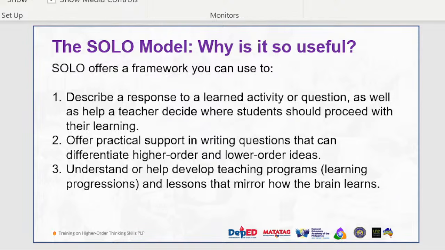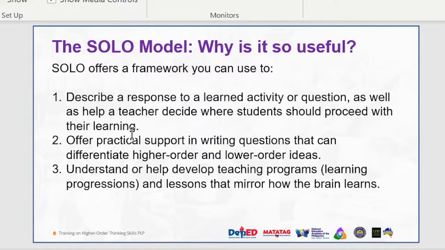So the SOLO model offers a framework that you can use to, one, describe a response to a learned activity or question, as well as help a teacher decide where students should proceed with their learning.